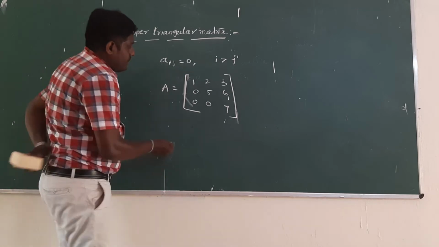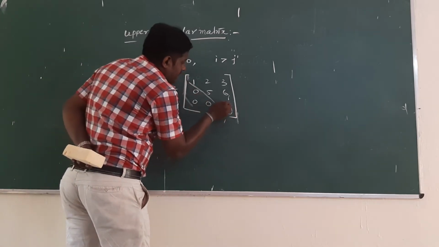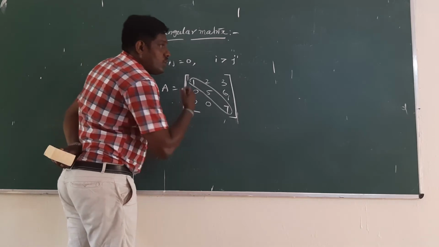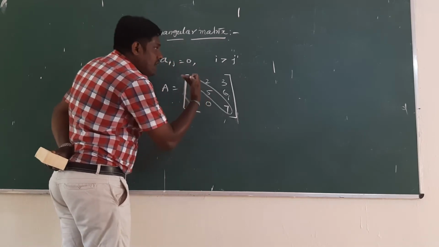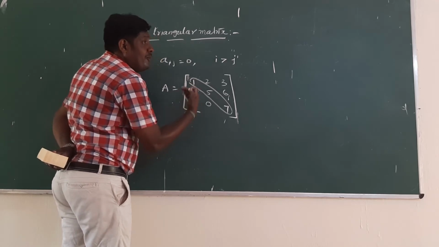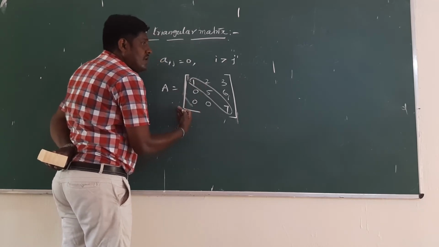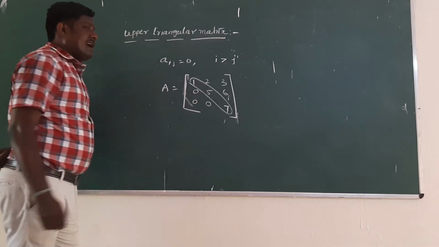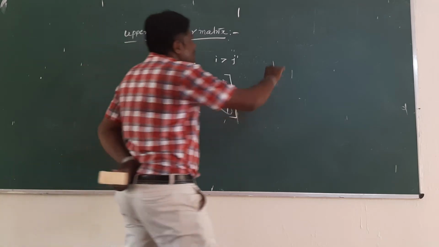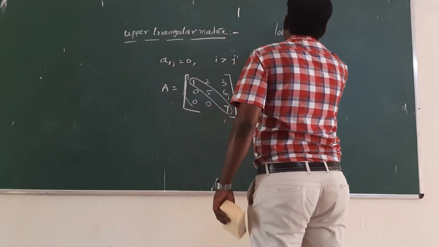Now, this is the principal diagonal. The elements below the principal diagonal should be 0. Then the matrix is called an upper triangular matrix. Next one is the lower triangular matrix.